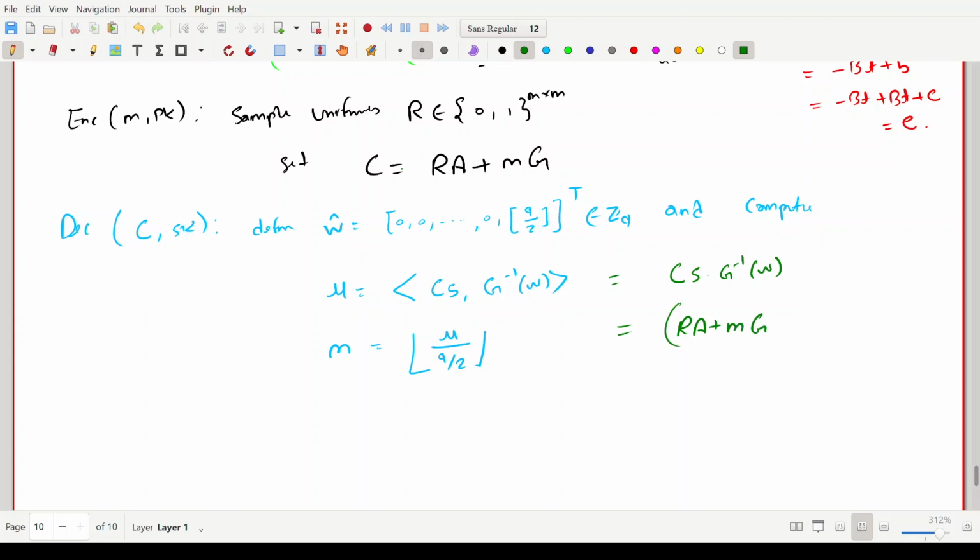So this is your C multiplied with S into G inverse W. If it is multiplied with RA, we get RA S into G inverse W, plus the next term will be MS. It will actually be MG S G inverse W, something like this.